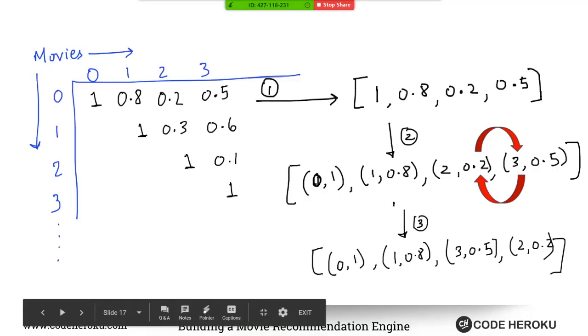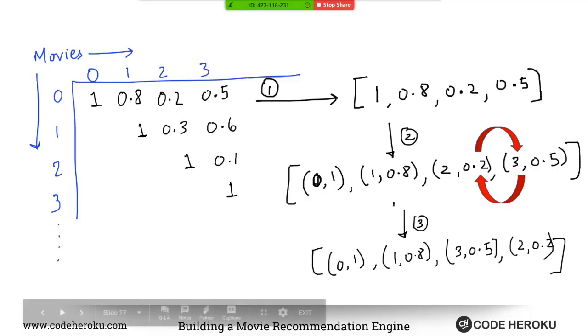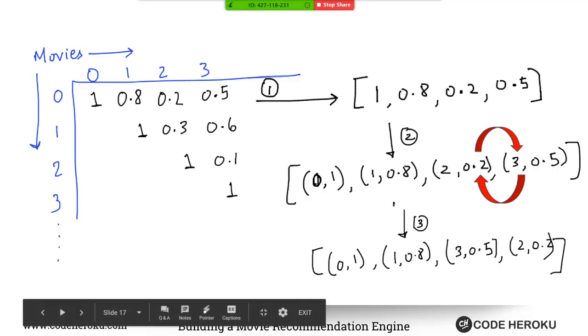So what we need to do is go over this entire list and get the title, because if you print the index of that movie, it doesn't help the user, right? If you print 0, 1, 3, it doesn't help the user. We need to print the title. We have a helper function which is going to get the title from the index, right? And that's it. We just need to go over this entire loop and get the title based on the 0th element of this tuple over here.